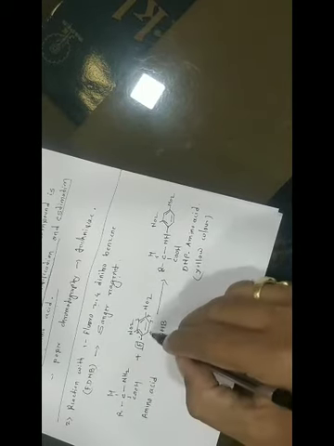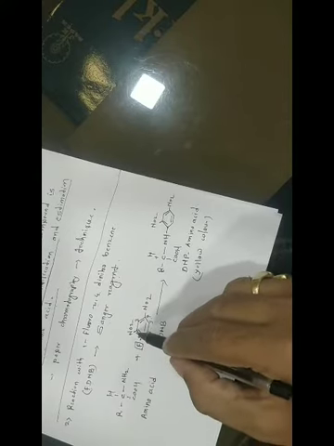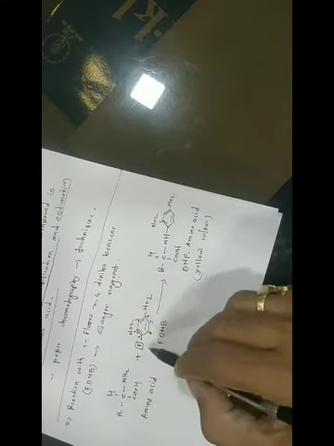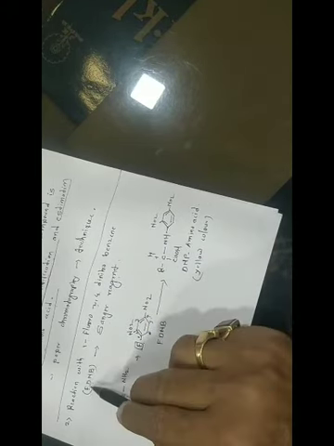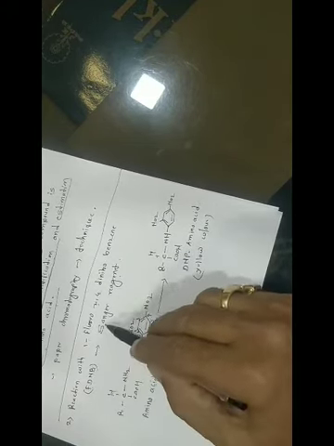It's a benzene ring. 1-fluoro-2,4-dinitrobenzene is called FDNB, also known as the Sanger reagent. It reacts with the amino acid, gives dinitrophenyl amino acid, and gives a yellow color reaction.